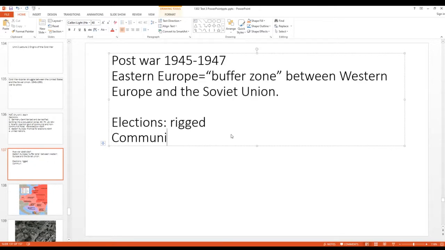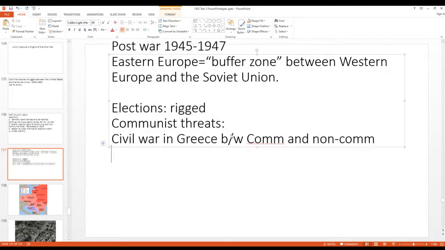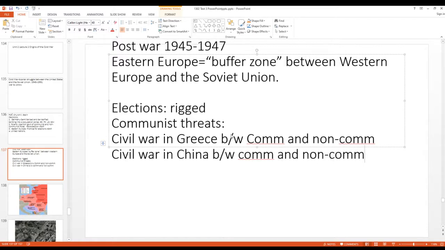For instance, and I'll just log these under communist threats: a civil war in Greece broke out between communists and non-communists. A civil war in China, which actually predates World War II, also between communists and non-communists.